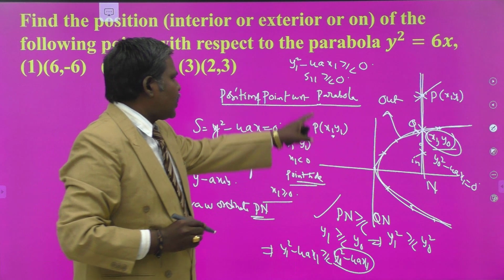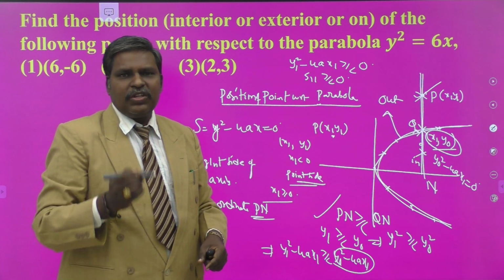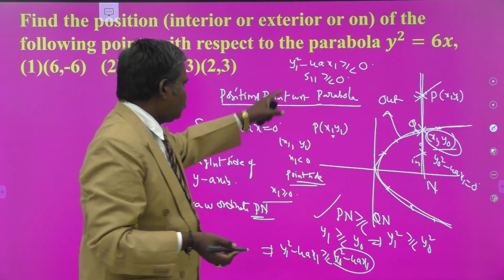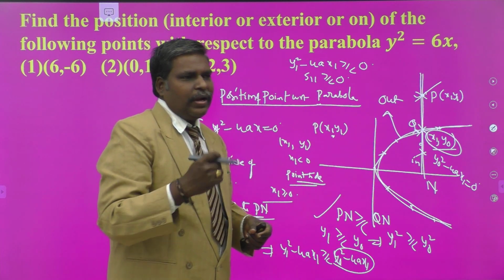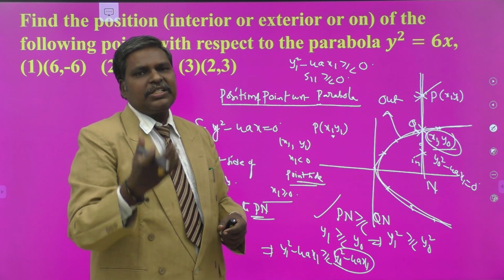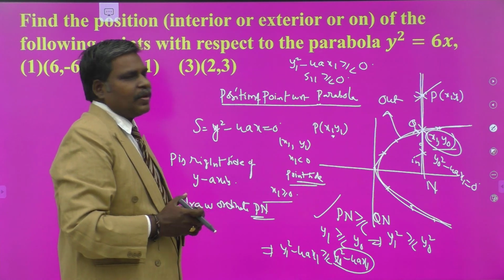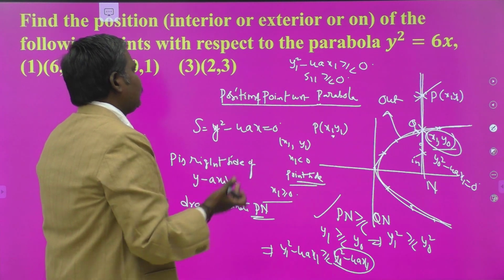That's all. For S11 greater than 0, your point is outside the parabola. If S11 is equal to 0, your point is on the parabola. If your S11 is less than 0, your point is inside the parabola. In this manner, we can track the position of a point with respect to the given parabola in the standard form, and you can extend that to any parabola.